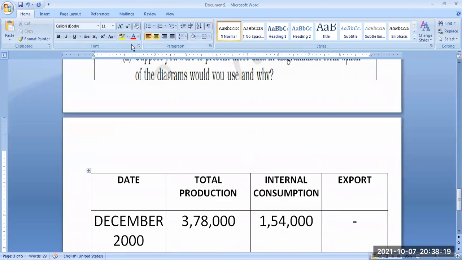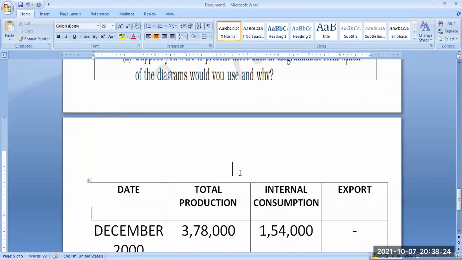For any table, a suitable heading should be there.